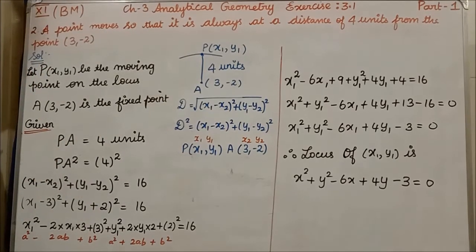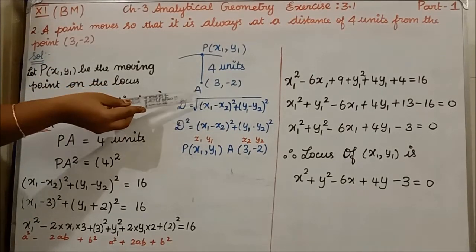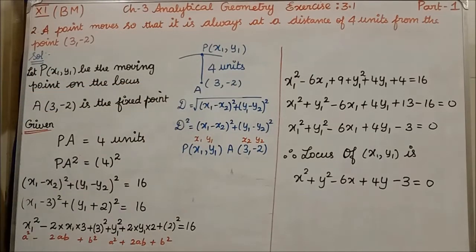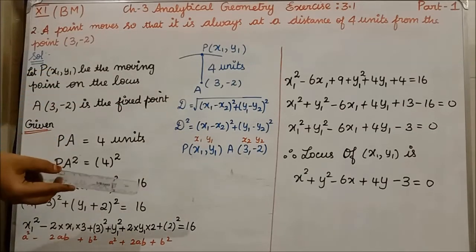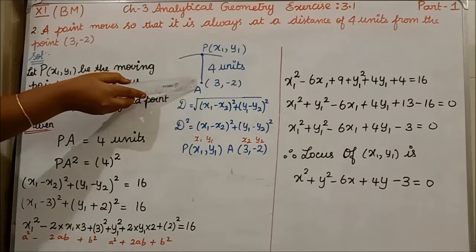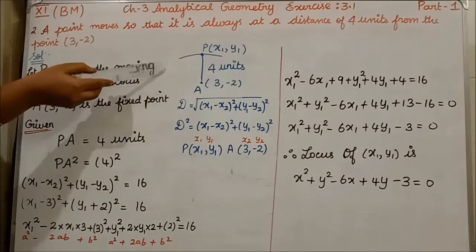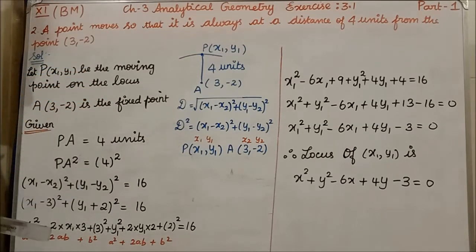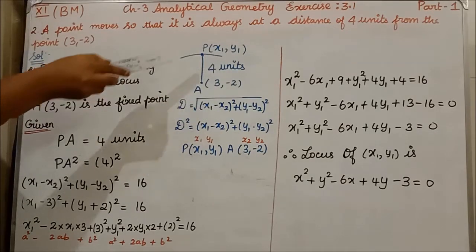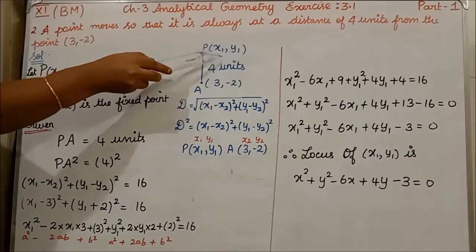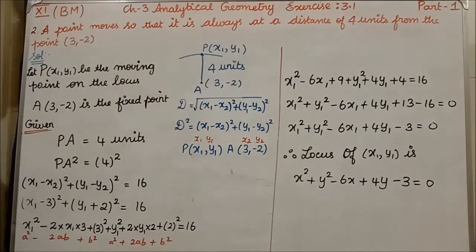See, they have given the fixed point as 3 comma minus 2. So I have taken that as A, 3 comma minus 2. Okay, and one point is moving, at a distance of 4 units. It can be a parabola, it can be a circle, it can be anything. Okay, like that it is moving. Now that point also we don't know, so I am taking that as x1 comma y1. Clear now?